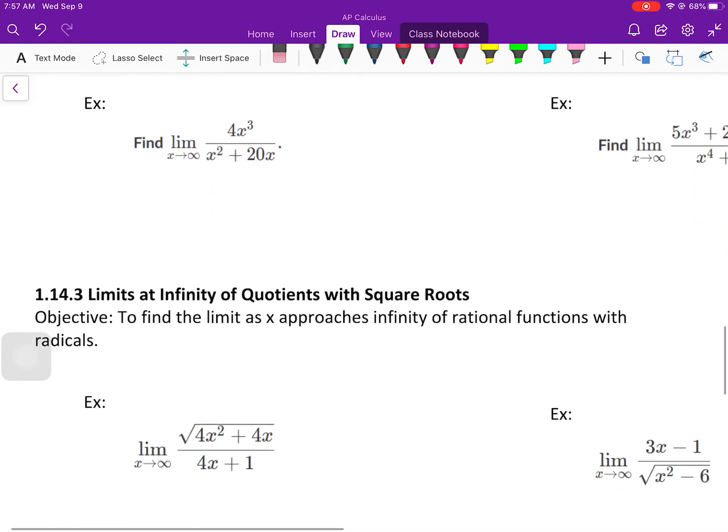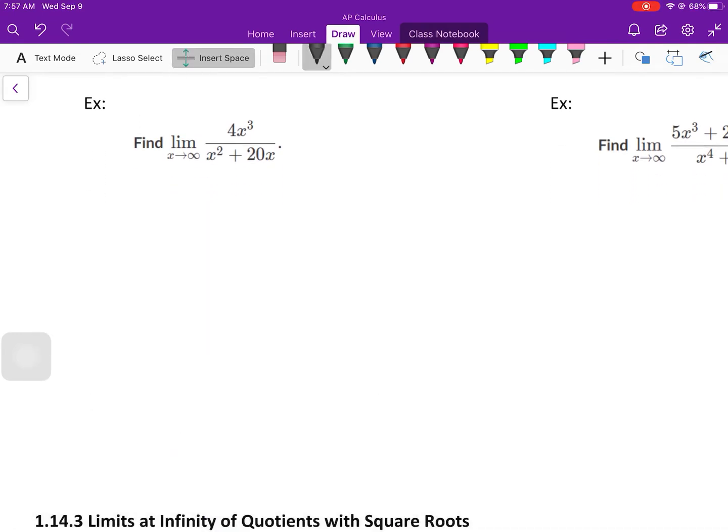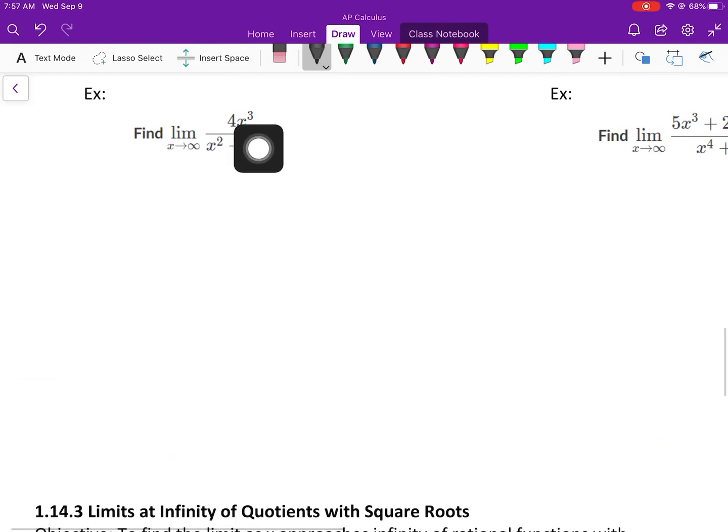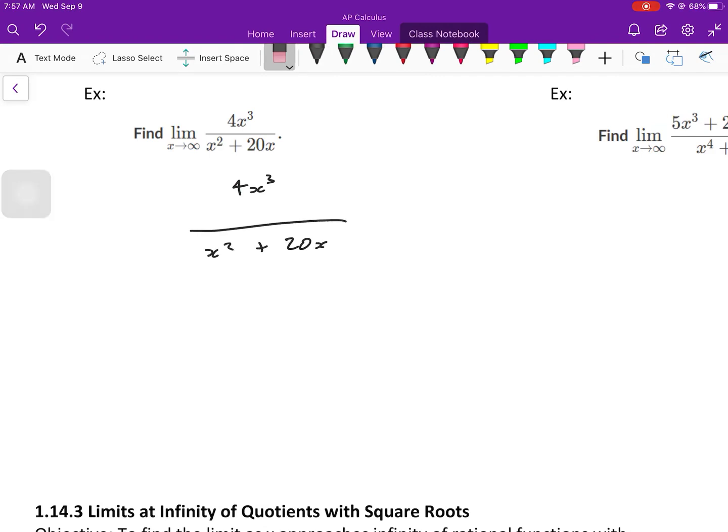Let's go ahead and do another example, see if we get this idea down. Basically, I have 3 different cases. I'm hoping to go over each one. So here, x cubed, once again, is the highest power. So I'm going to have 4x cubed over x squared plus 20x, and we're dividing each one by the highest power, x cubed.